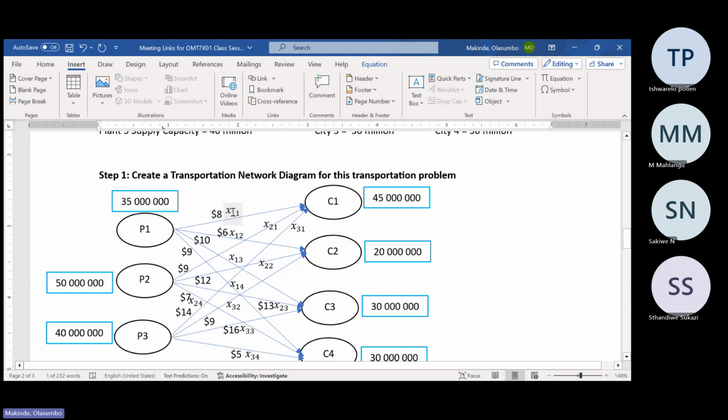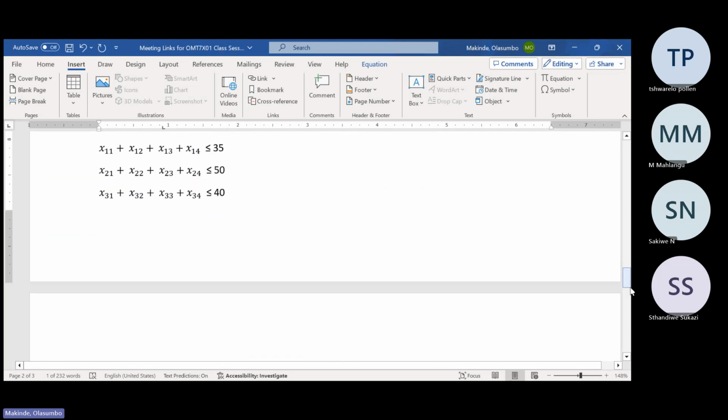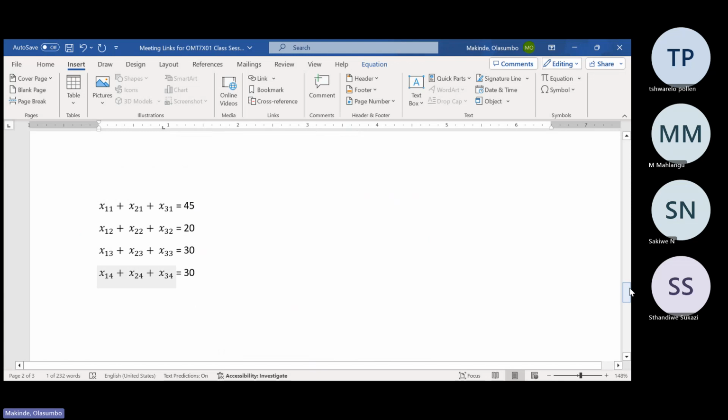The reason why you write the non-negativity constraint is that when we solve the mathematical model for this transportation problem, we are restricting our solution to always be positive or zero. It cannot be negative because we cannot supply negative electricity. So it doesn't make sense. That is why you have to write your non-negativity constraint for any transportation problem.